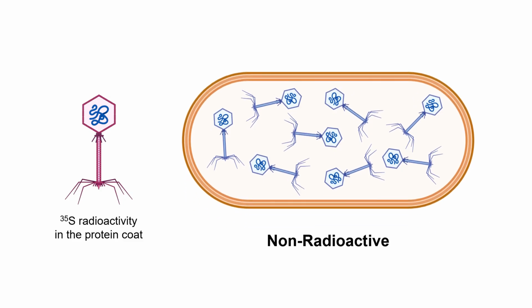Then the radioactivity was measured. Very interestingly, the newly synthesized virus particles did not include any radioactivity. This experimental result implies that the protein from the original virus was not transferred to new virus particles. So that means protein is not genetic material.